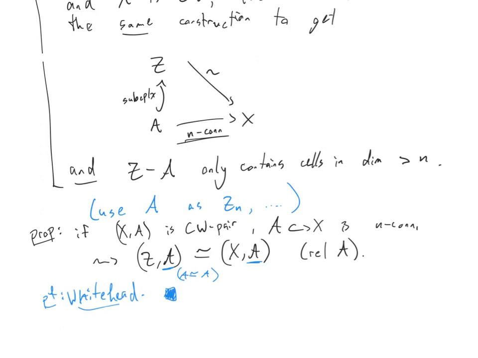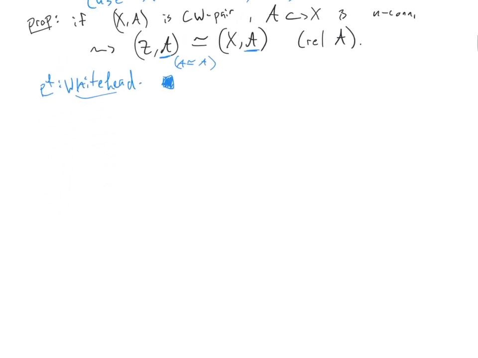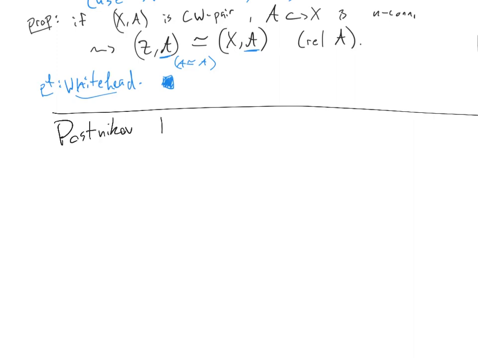So the next thing I want to discuss is Postnikov towers. And I do have some space left on this page, so let's just scroll down. Postnikov towers are another way of approximating a space.